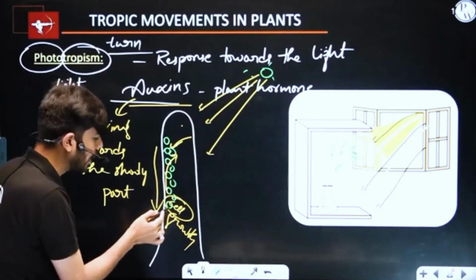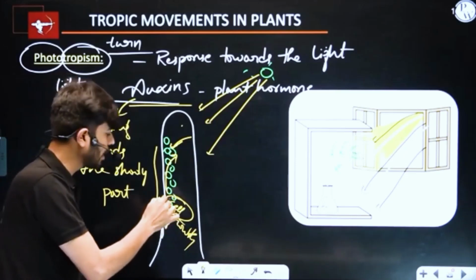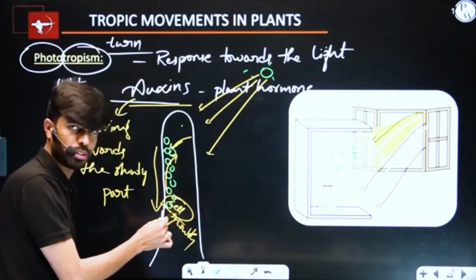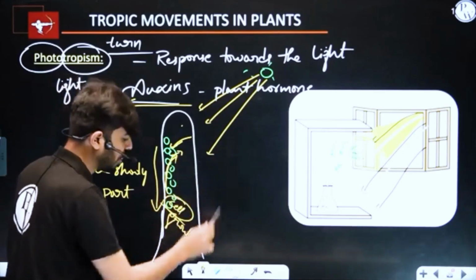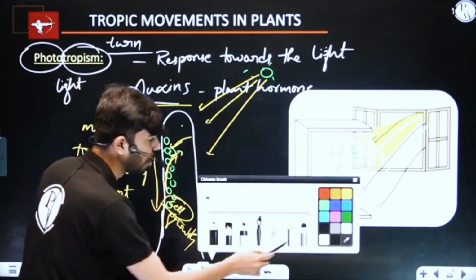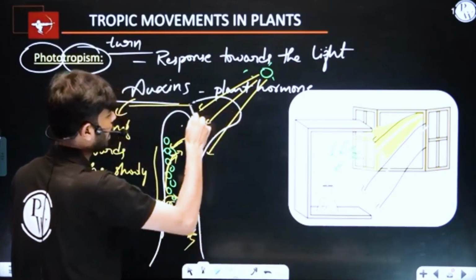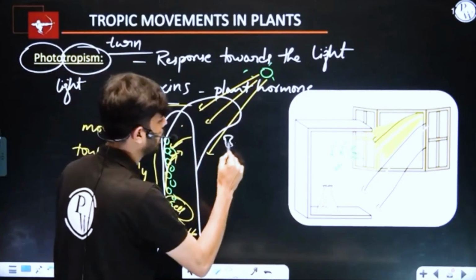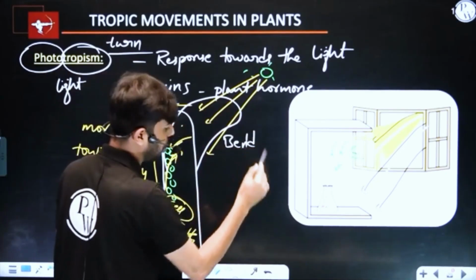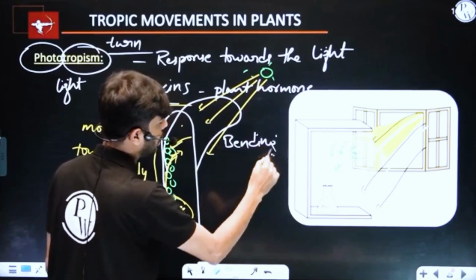Then it initiates cell elongation and cell division here. Now cells start to grow, growth occurs, and this particular stem starts to bend towards the light. Now here you can see bending of the stem towards the light.